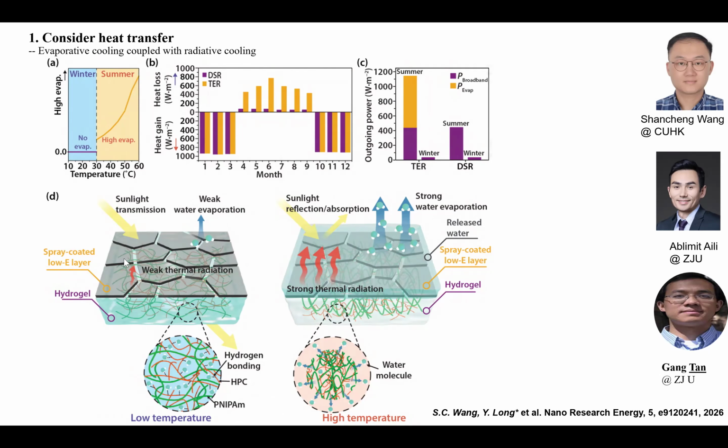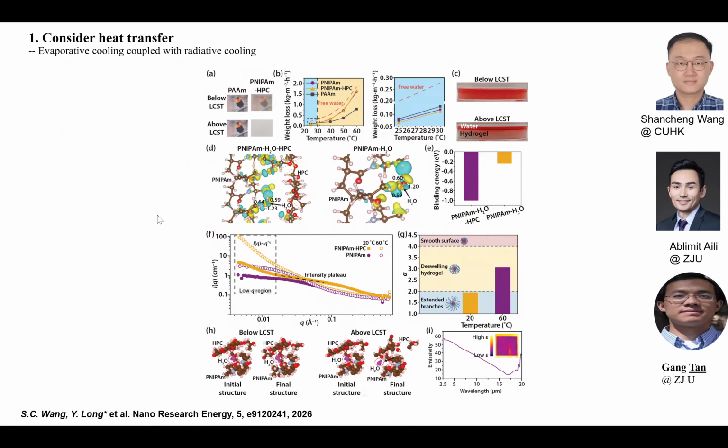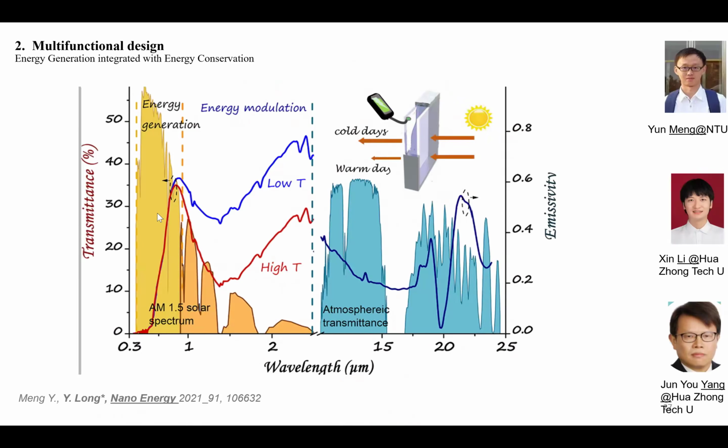Once it becomes winter, this hydrogel has hydrogen bonding, HPC bonding, right, encapsulated. So you can see we are going to have very weak water evaporation and high sunlight transmission. Okay, I'll ignore the details here.